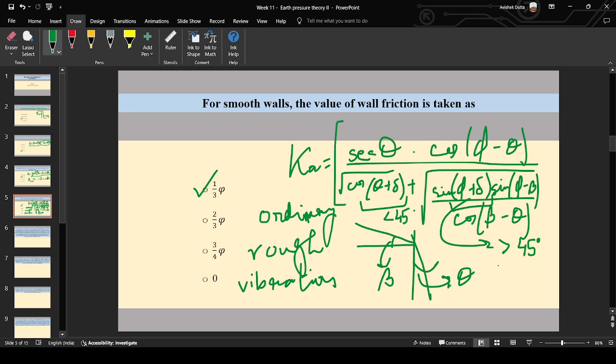And we know Ka equals 1 by Kp. So the coefficient of active earth pressure reduces because of wall friction. Hence, wall friction tends to reduce the magnitude of active earth pressure and, vice versa, increases the passive earth pressure. This was the theory I explained in the last class. The numerical validation for that I am giving now.